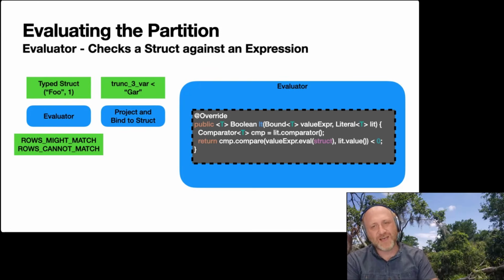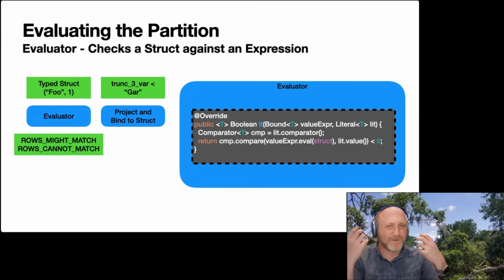So we use an evaluator to extract out the proper part of the struct that we're matching to this literal value, and then we check whether or not it's less than 0. But again, we're basically doing a mapping here of names to field IDs to make sure that everything lines up correctly.